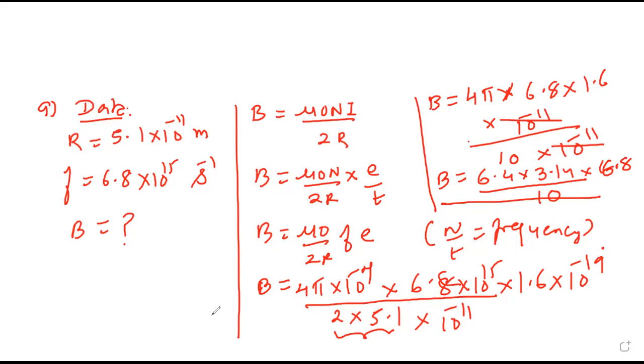The answer. Then multiply this, 6.4 into 3.14 into 6.8. Multiply and tell what you are getting. 136.65.